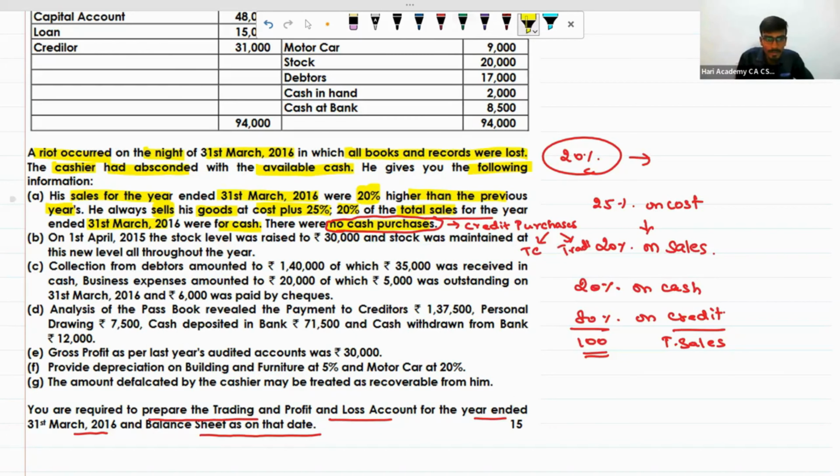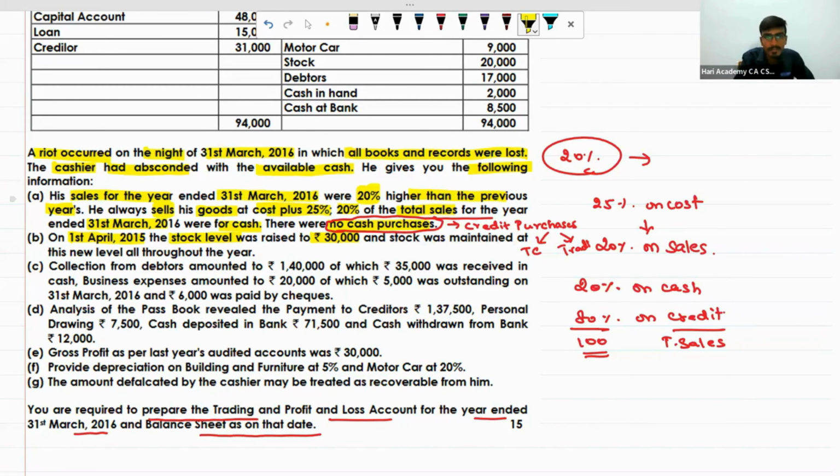And our second one: on 1st April 2015, the stock level was raised to 30,000. It means what they are trying to convey is, indirectly, that the closing stock is this value.